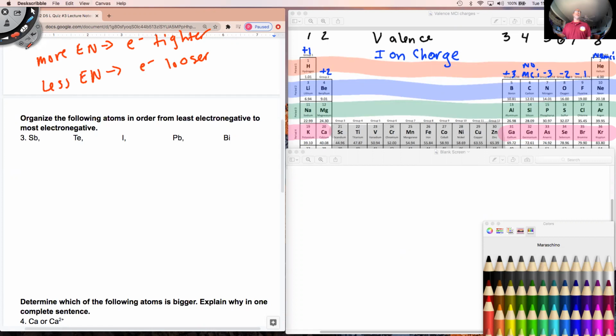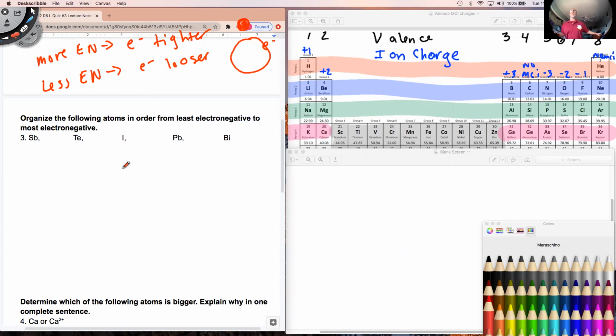No, looser, L-O, that's correct, loose. All right, so what's gonna have something hold on tighter? Well, smaller atoms are gonna hold on to their electrons really tight, and bigger atoms are gonna hold on to their electrons less tightly because the electrons are so far away. So you can pretty much set these up to atomic size.